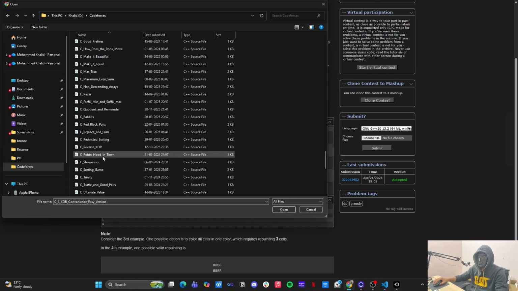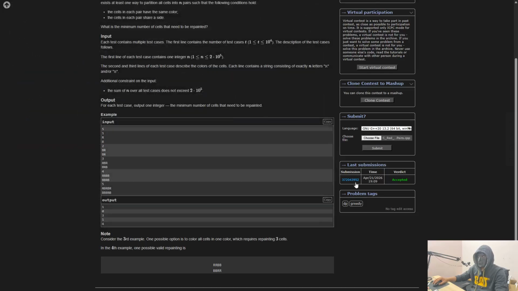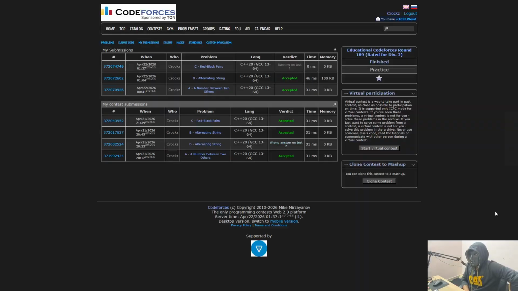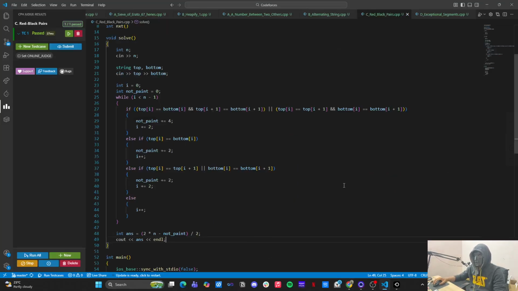Red, black. It's a greedy problem, right? I think you have understood. If you take different cases, you will understand. Wrong on second case. Why is it so? Let's see.